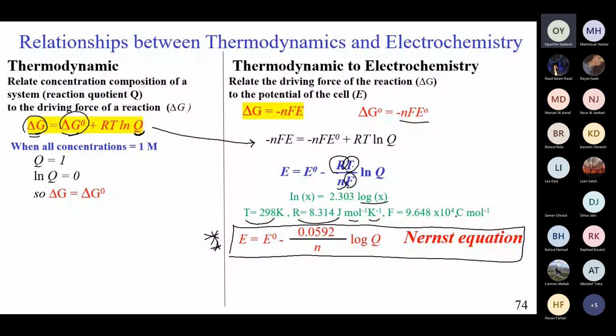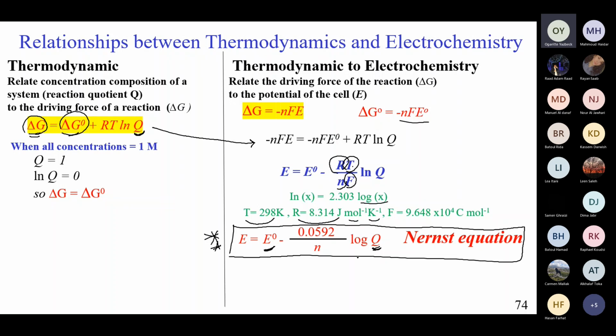What is the Nernst equation? The Nernst equation literally is a correction value for the E naught values, corrected using a term that is subtracted from the E naught, relative to the Q, the composition, which is not 1 molar.